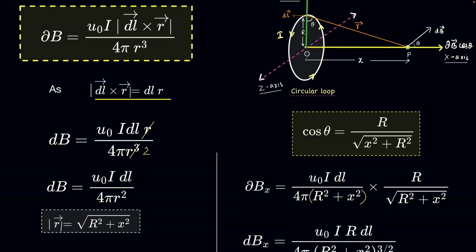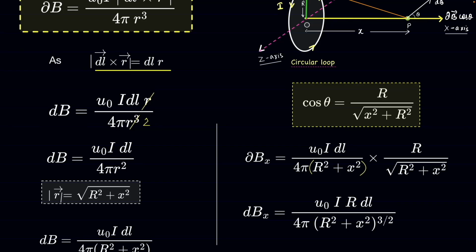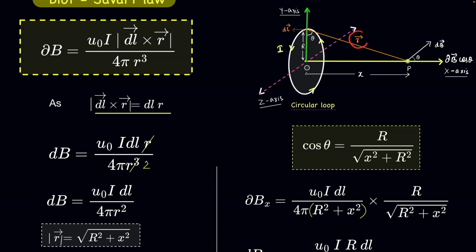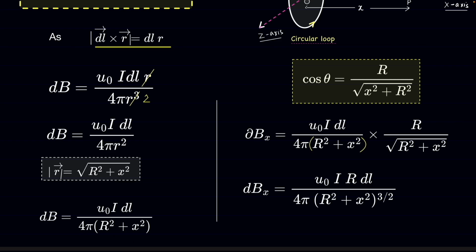So dB is equal to mu naught I dl divided by 4 pi r square. This r is the position vector, and we previously studied that its magnitude is equal to the root of R square plus x square. So r square is actually capital R square plus x square, and we can substitute this value in place of small r square. So dB is equal to mu naught I dl by 4 pi into (R square plus x square). Now we got the value of dB.